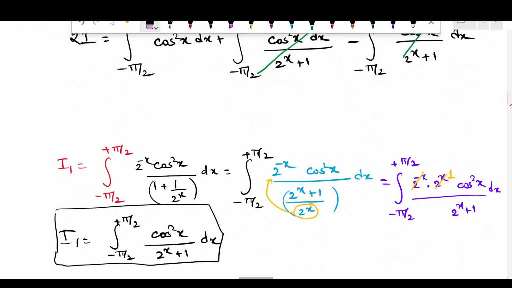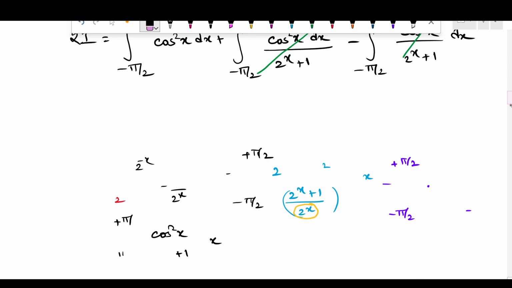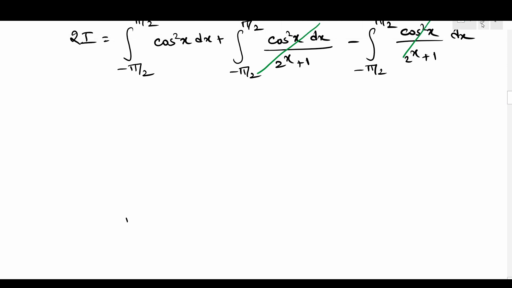Right? So what we are left with is, so your 2I will be what? The integral from minus pi by 2 to plus pi by 2 of cos square x dx.